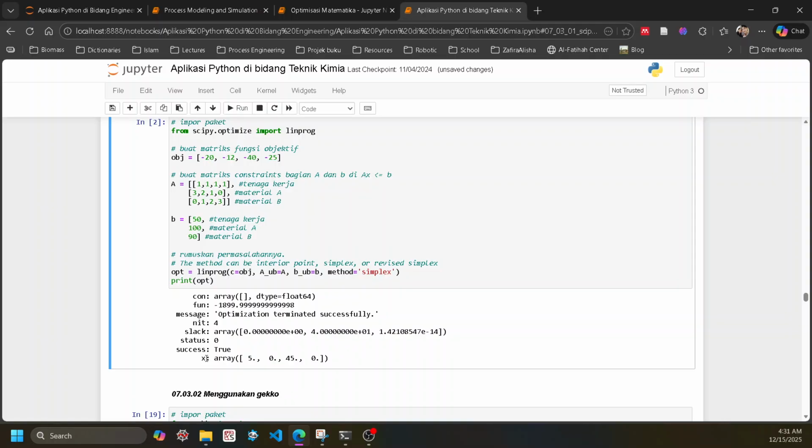And then how many of each product we are producing is 5, 0, 45, 0. So we're making 5 of product 1, 0 of product 2, 45 of product 3, and 0 of product 4. Right, so we can see that product 3 is maximized completely because it's the most expensive one.